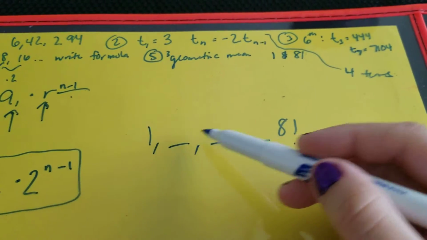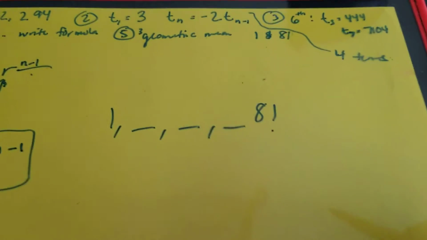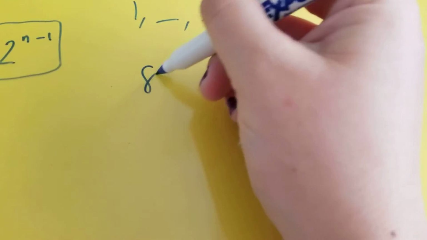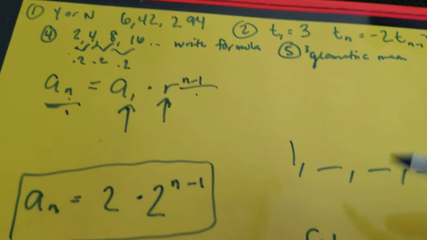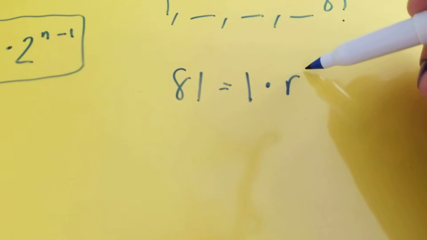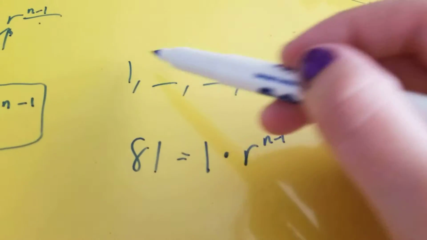We don't know what the ratio is. So we're just going to solve for it. So we have an, which is 81, equals the 1st term, which we know is 1, times the ratio to n minus 1 power, and then we know that 81 is the 5th term.